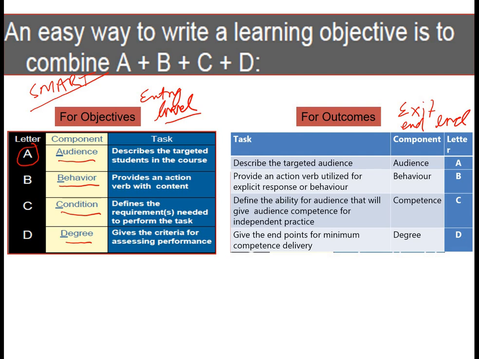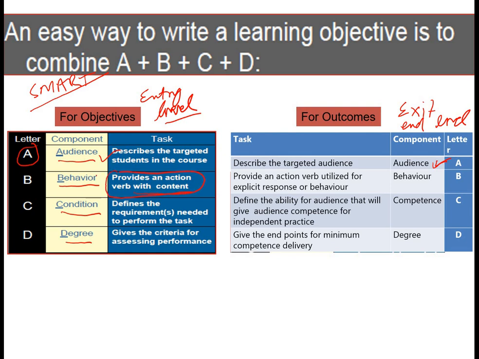So here A stands for the audience, and in the learning outcome also it stands for the audience. The audience means the students of a particular program, or the participants of a particular PBL, problem-based learning, or a workshop. B stands for behavior. Behavior provides an action word with the content. The action word is very important.